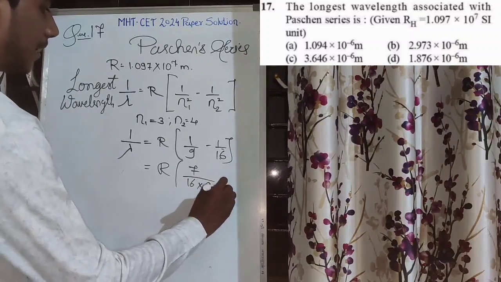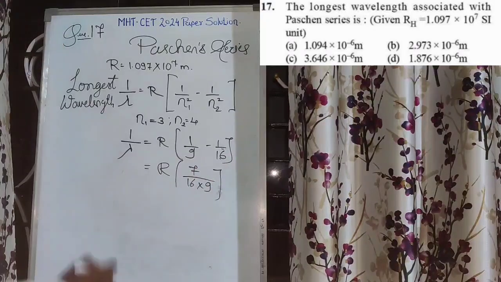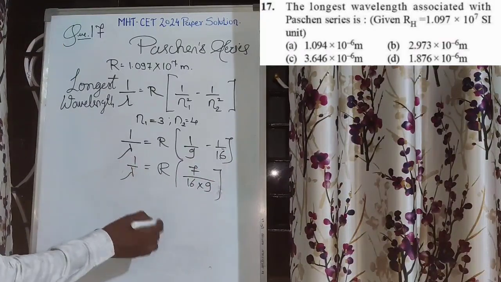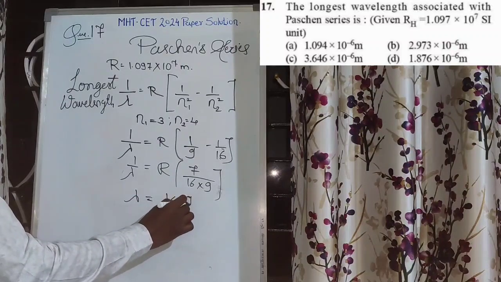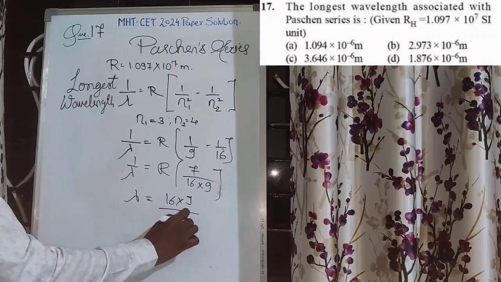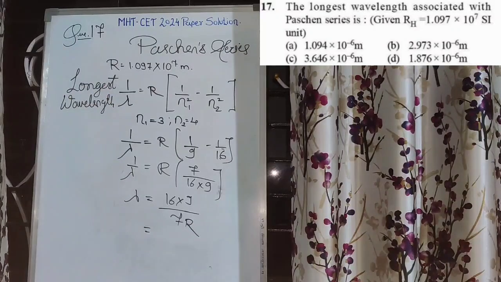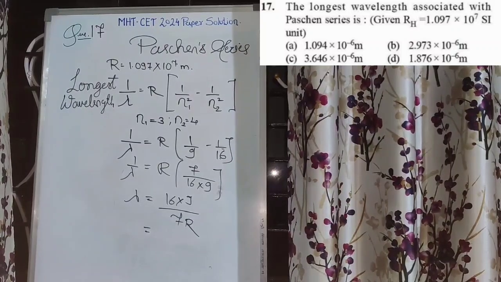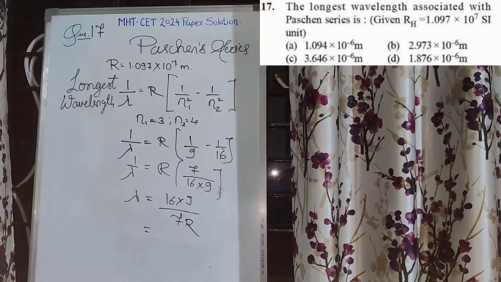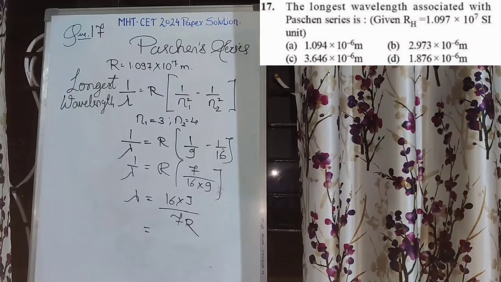Okay, this is the R. We can simply write it like this also: 1 upon lambda. So lambda will be simply 16 into 9 upon 7 times of R. By putting the value of R as 1.097 into 10 to the power 7 in this question, we will simply get the value of the wavelength as 1.8 into 10 to the power minus 6 meters.